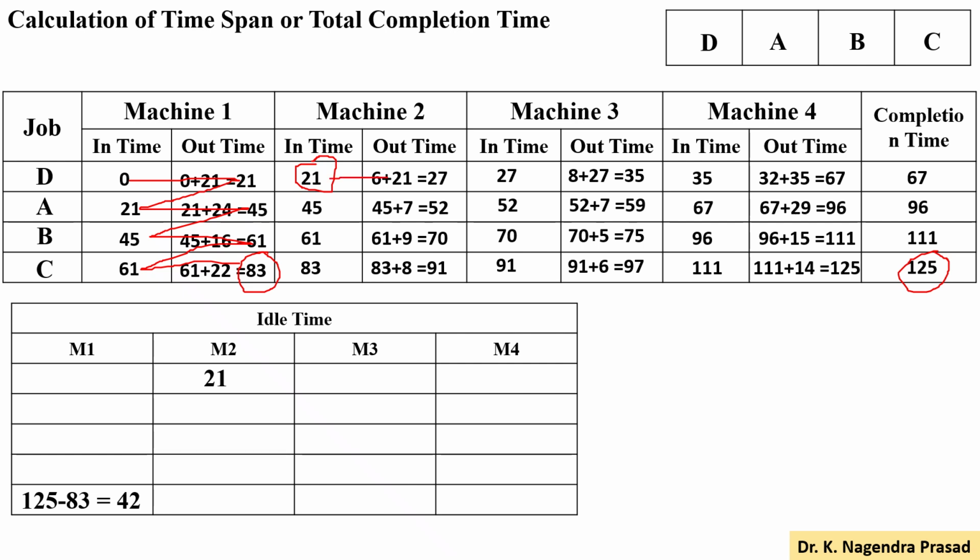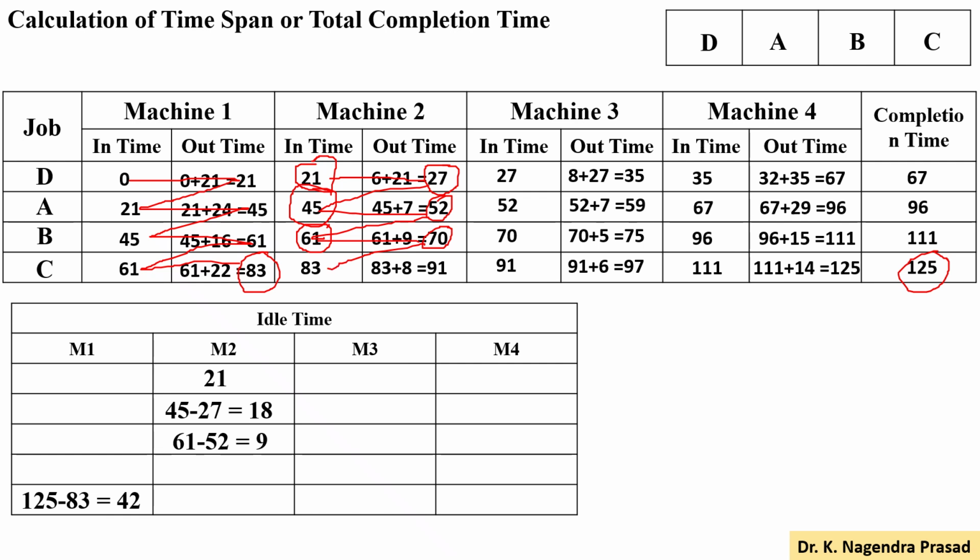Then 21 to 27 it is engaged with job D. Then 27 to 45, so 45 minus 27, which is equal to 18 hours, it is waiting for job A. Then 45 to 52 it is engaged with job A. Then again at 61 hours only it is engaged with job B. So here is another waiting time, 61 minus 52, which is equal to 9. Then 61 to 70 it is engaged with job B.